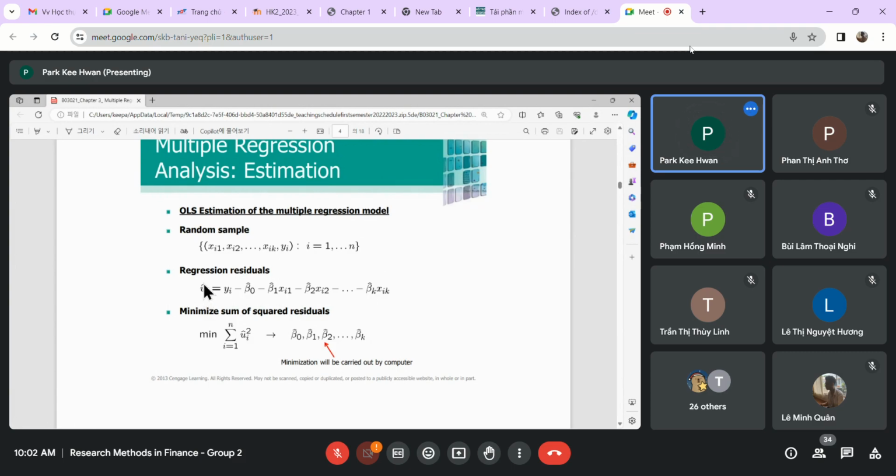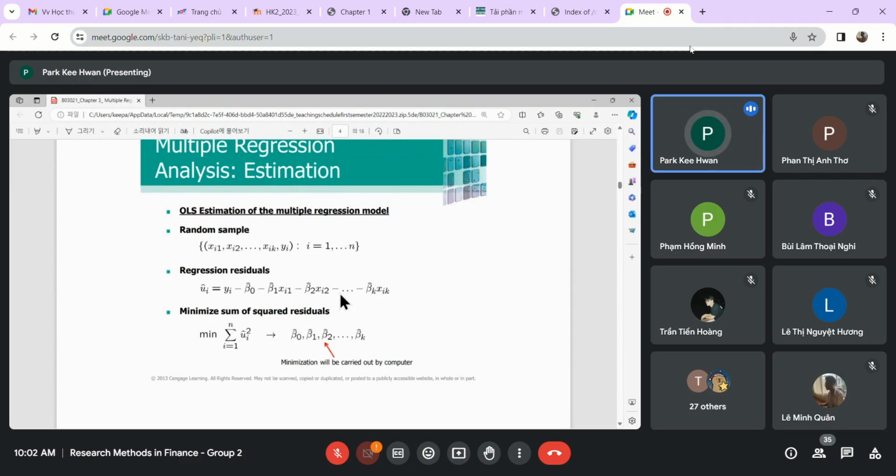So this ui hat we call the regression residual, the difference between the actual wage and predicted wage.